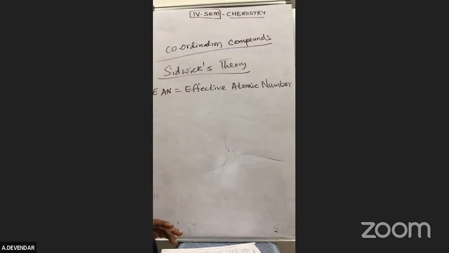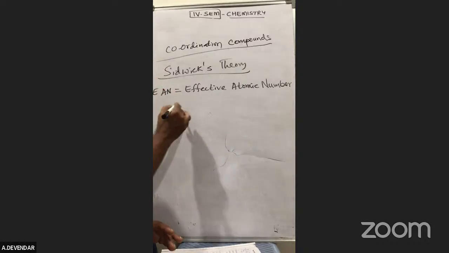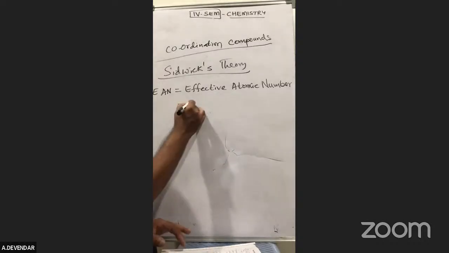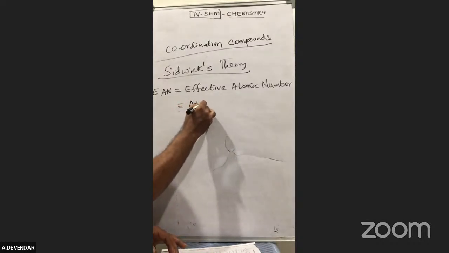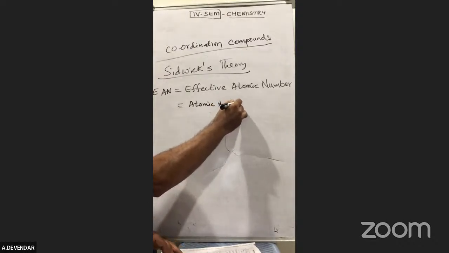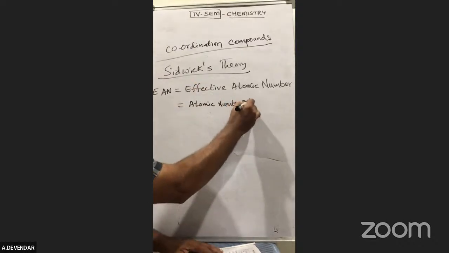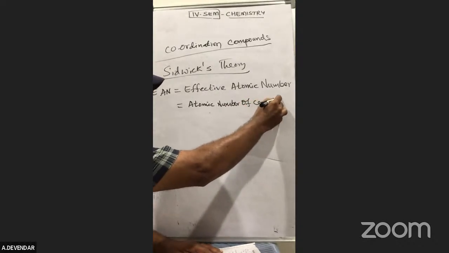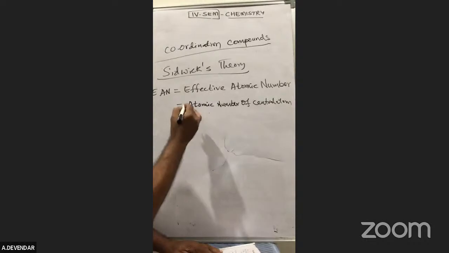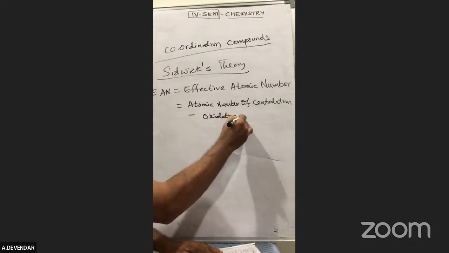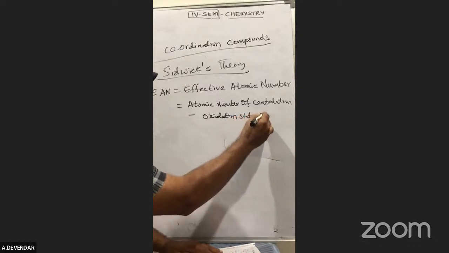Effective atomic number is given as the atomic number of the central atom minus the oxidation state of the central atom.